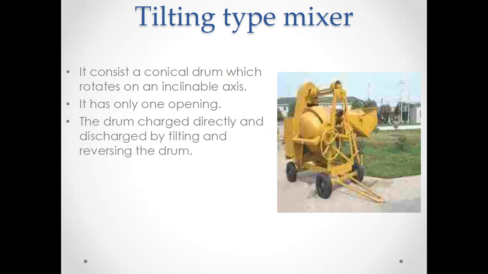When the mixing is done, you can see the uniform color and the water is already mixed. Then we can tilt again and pour out the concrete mix from the mixer. Then we can use it at our site or where we are completing the activity.